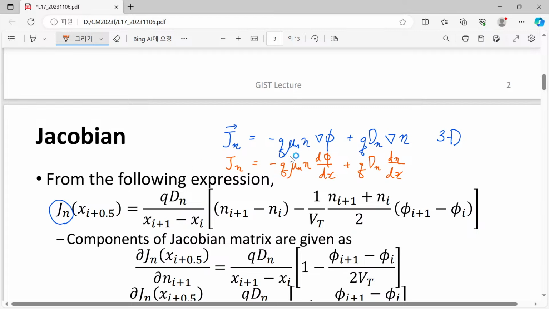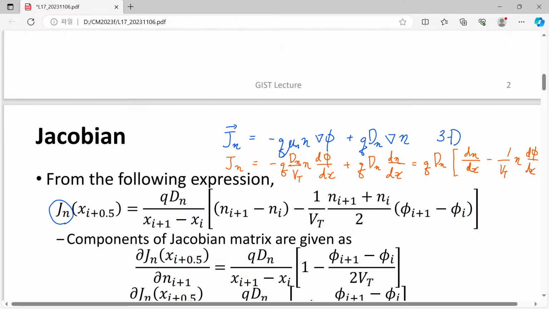Of course, by applying the Einstein relation, we can write it down in this way: dn over dt, and the remaining thing is the discretization of this dn over dx term, and the other one is 1 over kT and the d phi over dx term shown here.